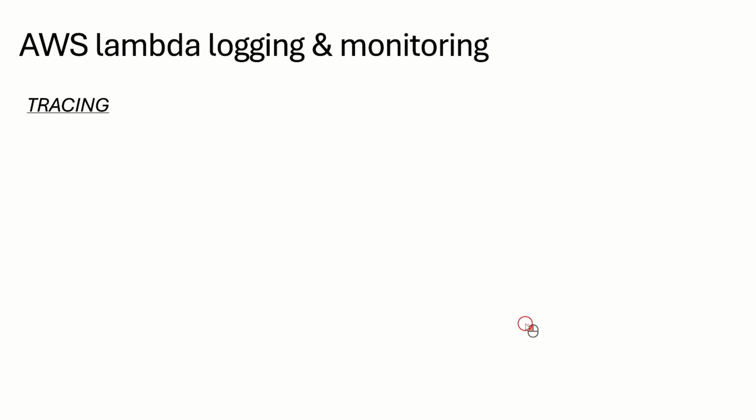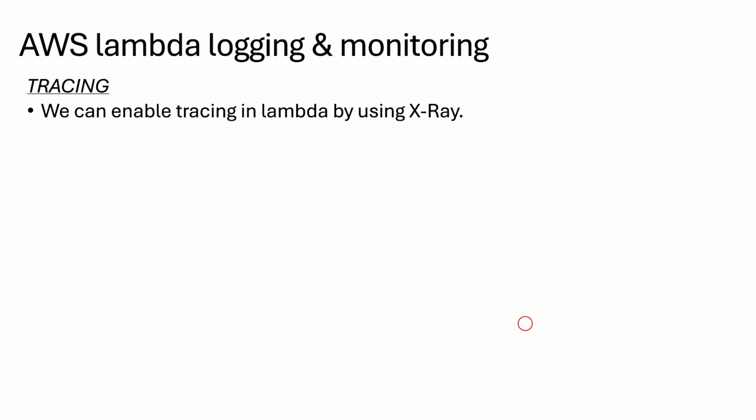Moving to the next topic, that is tracing. In AWS Lambda, you can enable tracing also. For enabling tracing, you need to follow a few steps, and we will discuss those now. We can enable tracing in Lambda by using X-Ray. The service we are going to use is the X-Ray service of AWS.